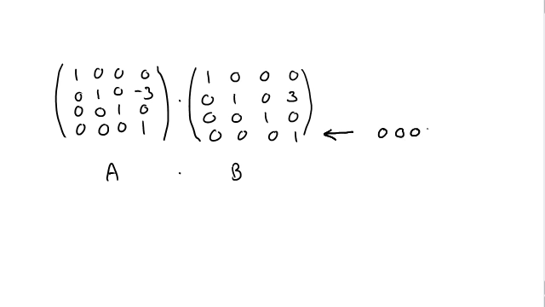That will give me 0, 0, 0, minus 3. Then I should add that to the second row. If I add this to the second row it becomes 0, 1, 0, 0. And it's only the second row that's affected. All the other rows are consistent with the identity matrix, and we see that the product is indeed the identity matrix.